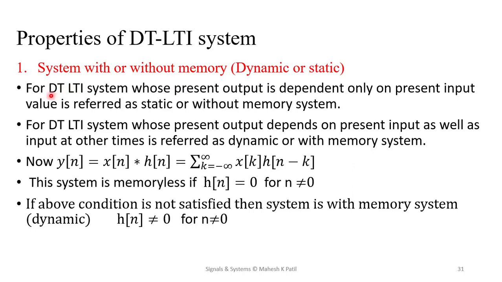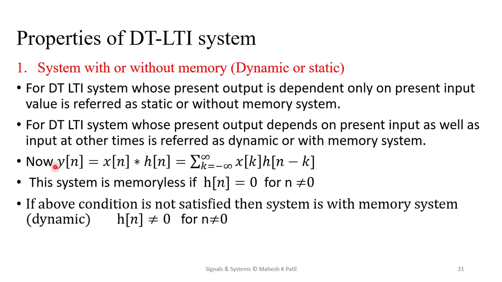A DT LTI system whose present output is dependent only on the present input value is referred to as a static system or system without memory. A DT LTI system whose present output depends on the present input as well as the input at other times is referred to as a dynamic system or system having memory.